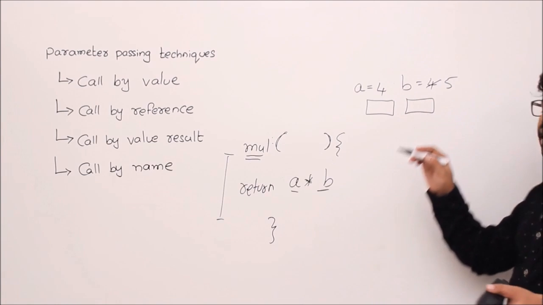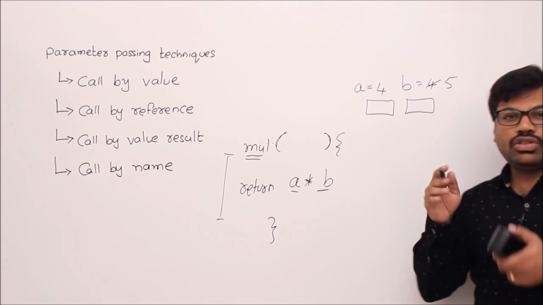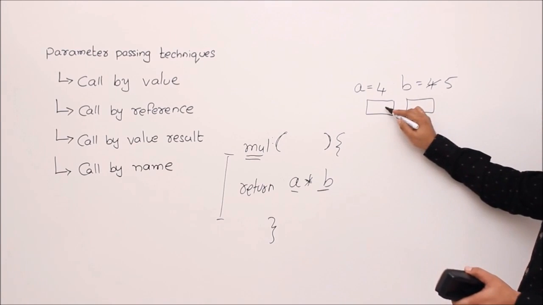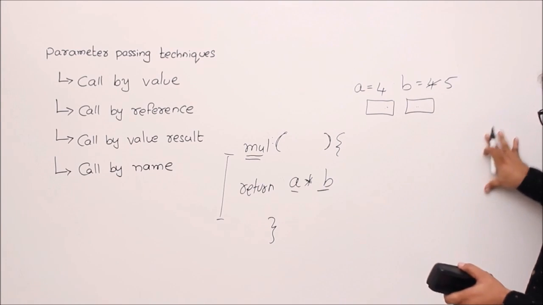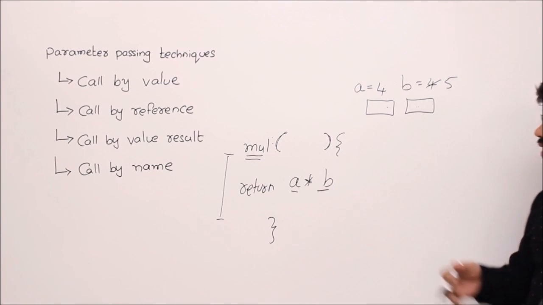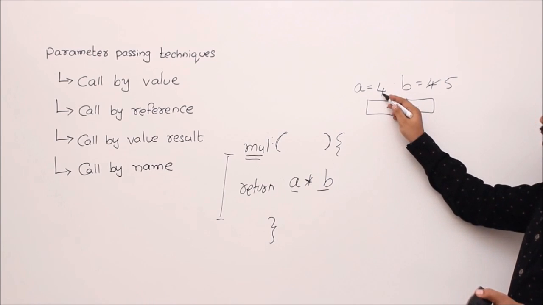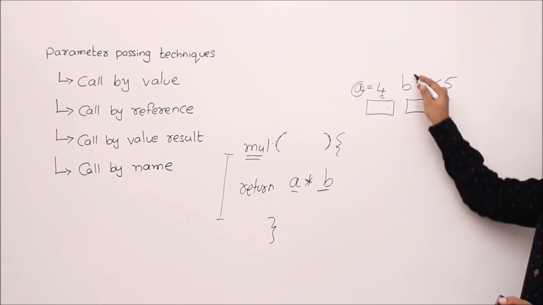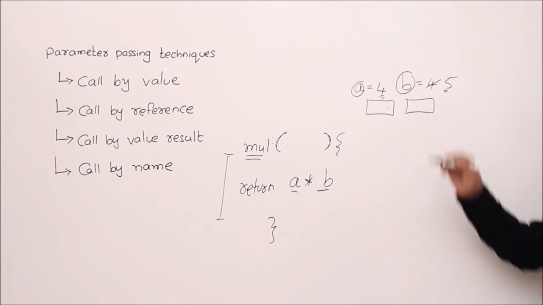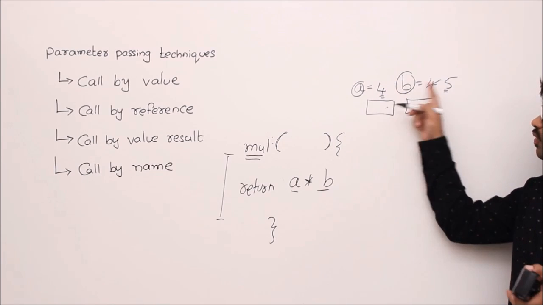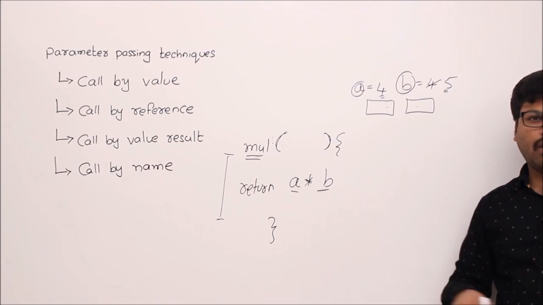Why I say dedicated is, if you use these two positions for another purpose, then you mess up the complete thing, right? For example, I want to multiply 4, 5, so I keep global variable a as 4 and another global variable as 5. If I use these two variables for another purpose, they may modify these values and you can't multiply 4, 5.